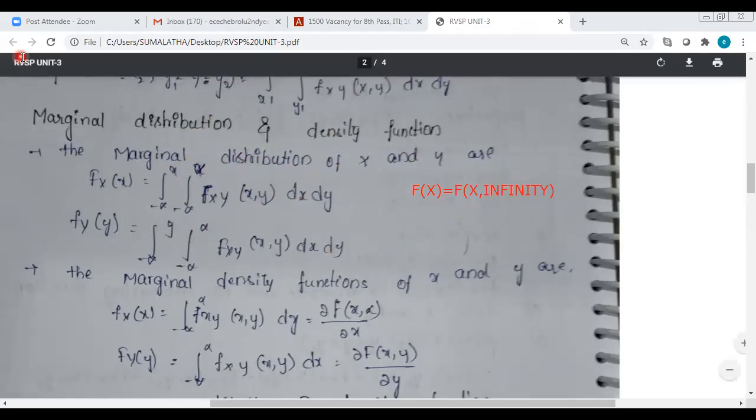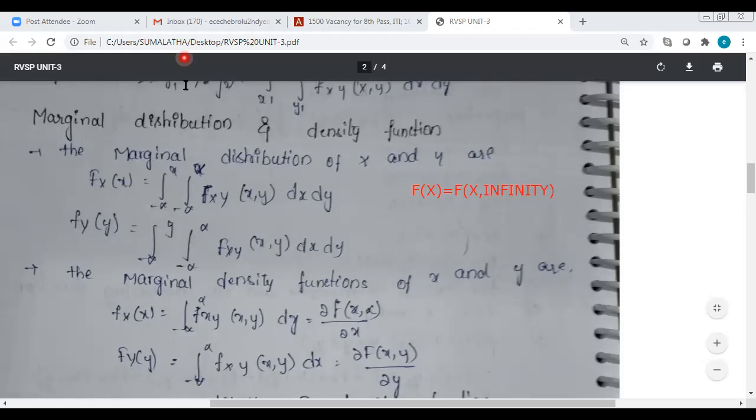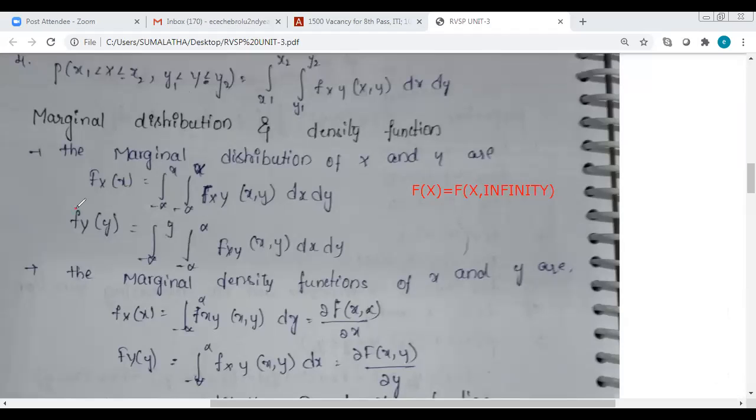Okay, here capital Fy of y amma. This will be the marginal distribution function for y. So for y, what happens to us? Fxy of x comma y, sorry, infinity comma y.